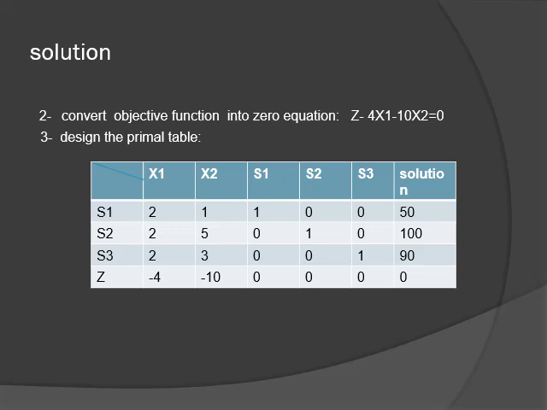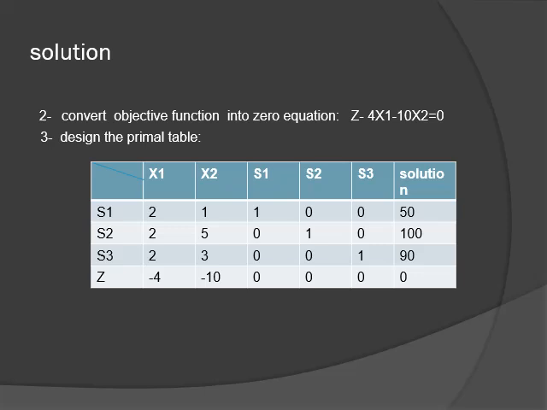In the first constraint we have no s2 and s3, then their coefficients are 0, 0. The solution is 50. Move to the second constraint. S2 represents the second constraint where the coefficient of x1 is 2, the coefficient of x2 is 5, no s1 so it equals 0, the coefficient of s2 equals 1, s3 equals 0, the solution is 100.